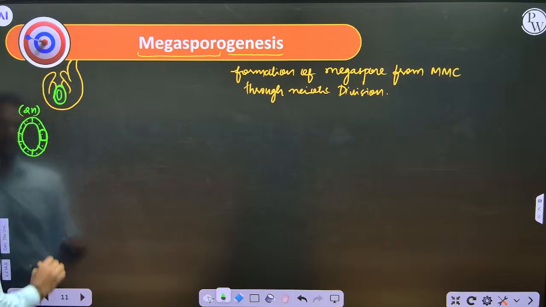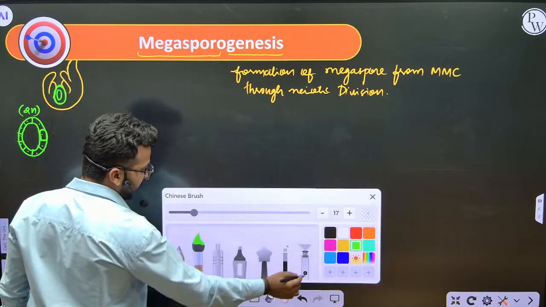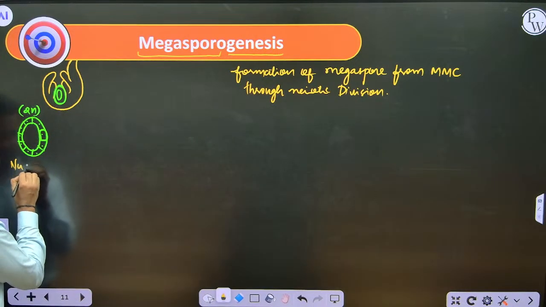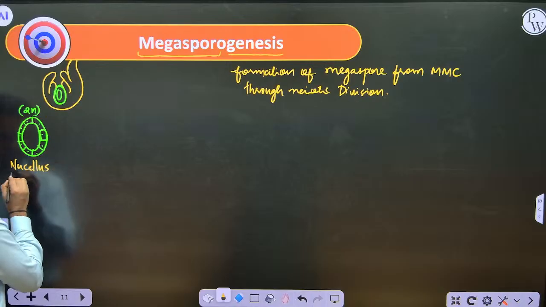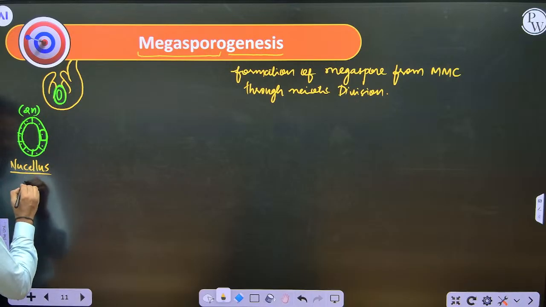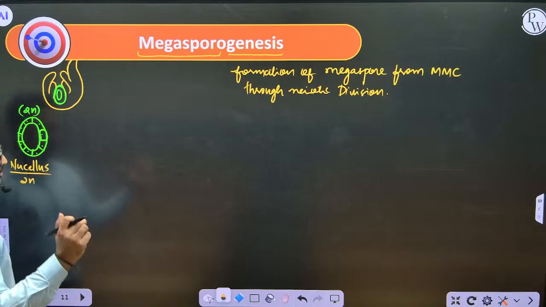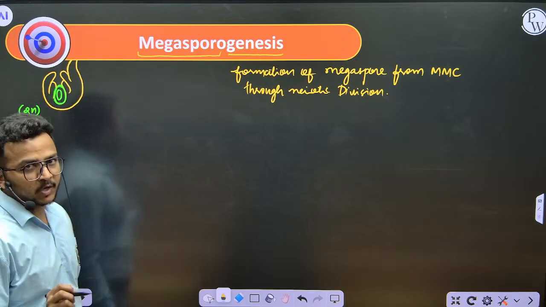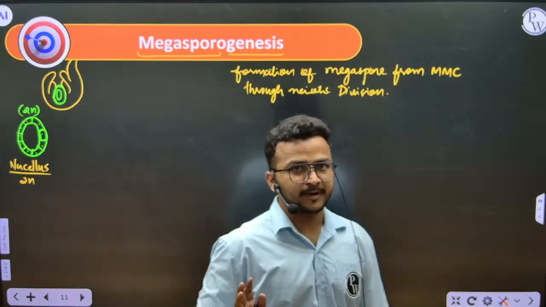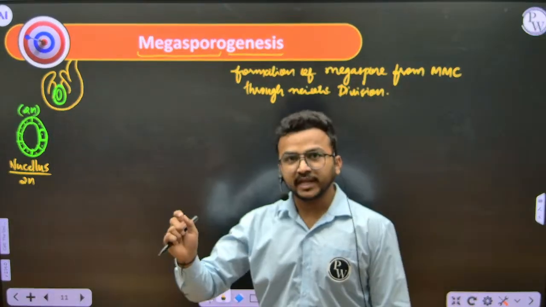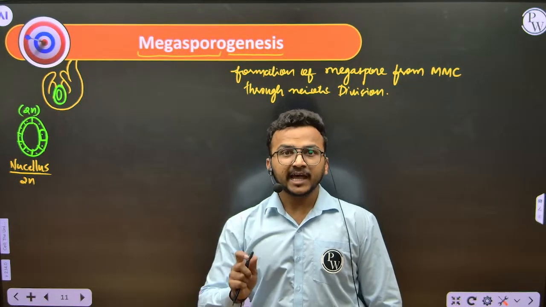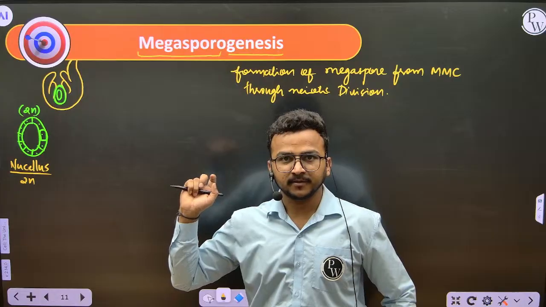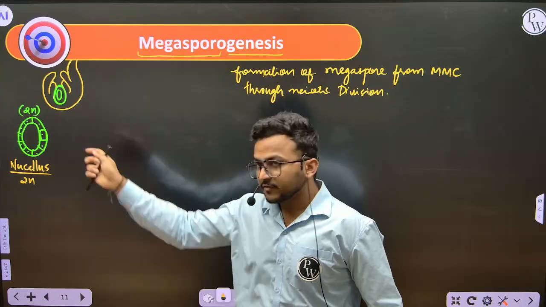The ploidy of the nucellus tissue is 2n, diploid. We see the haploid content only in gametes, and still there is no formation of gametes, so this is just the surrounding tissue.